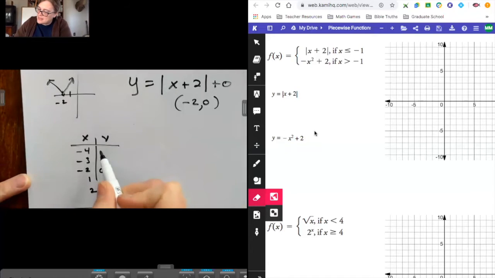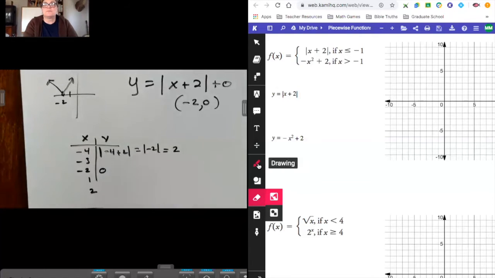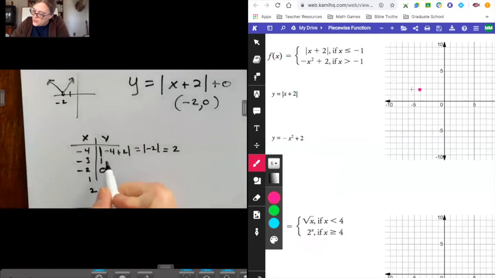And so when x is -4, we have -4 plus 2, the absolute value of that. The absolute value of -2 equals 2. So when x is -4, y is 2. The absolute value of -3 plus 2 equals the absolute value of -1, and the absolute value of -1 equals 1.